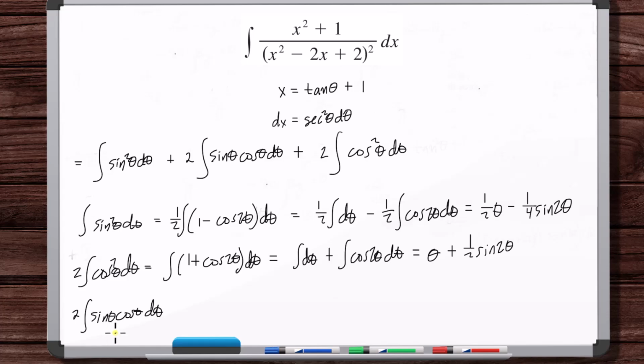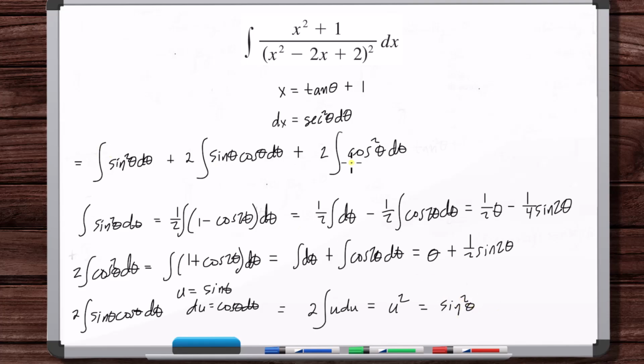Now if we say that u is equal to sine theta, then du is cosine theta d theta. And so we've got u du. This is just u squared, sine squared theta.